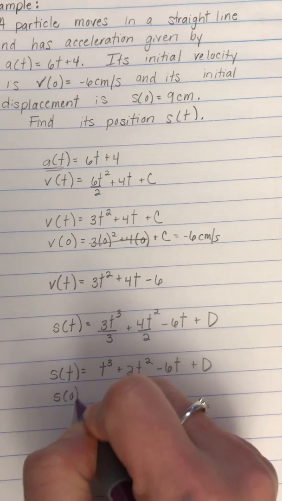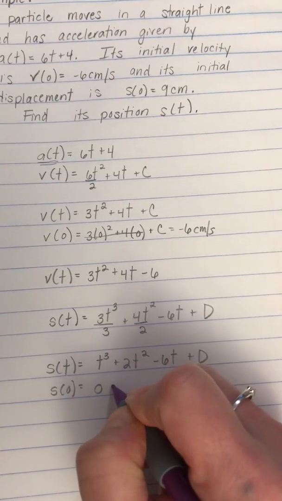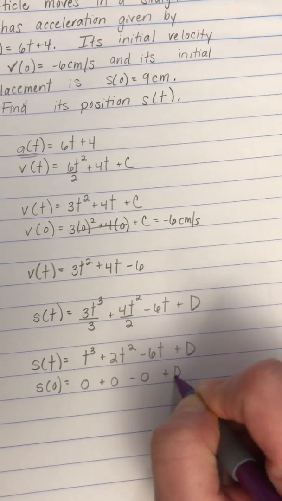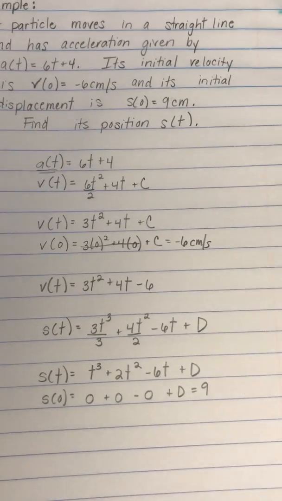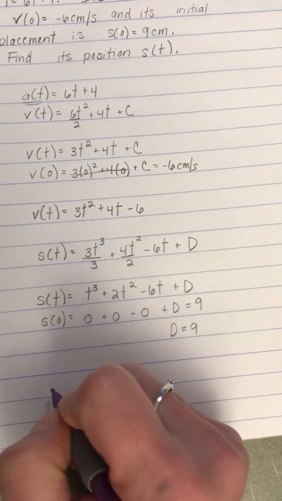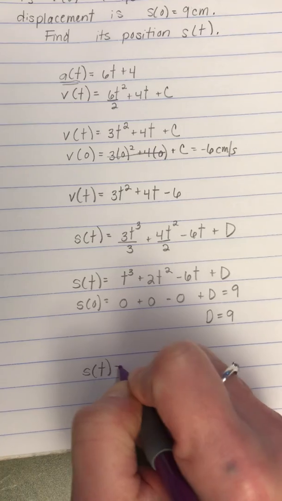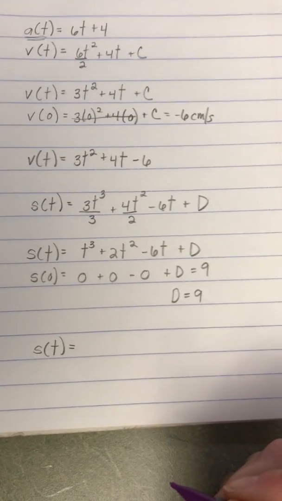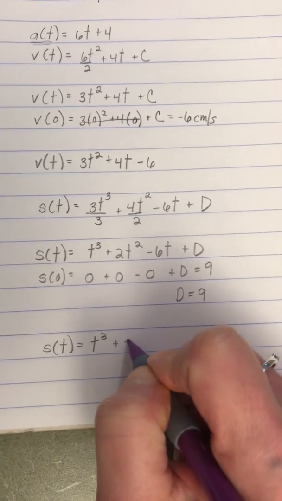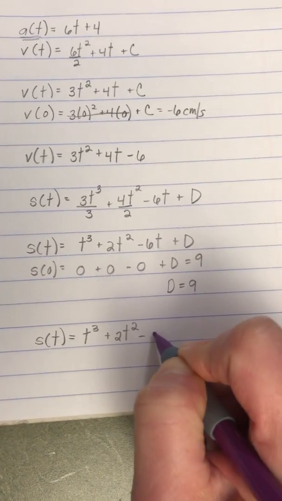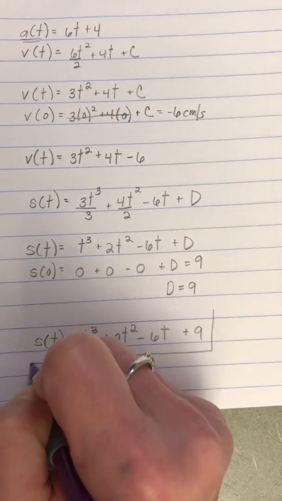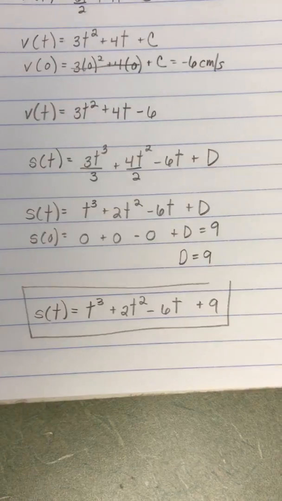So s of 0 is equal to 0 plus 0 minus 0 plus d is equal to 9, and my constant d is equal to 9, so that means my position function is going to equal t cubed plus 2t squared minus 6t plus 9. That's my position function.